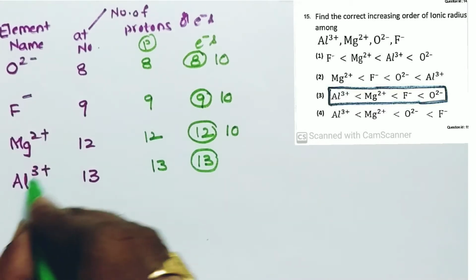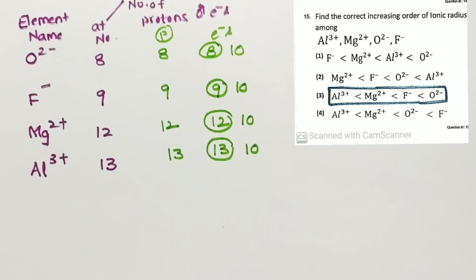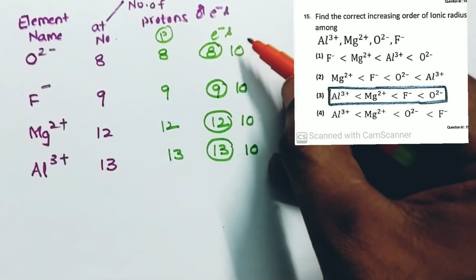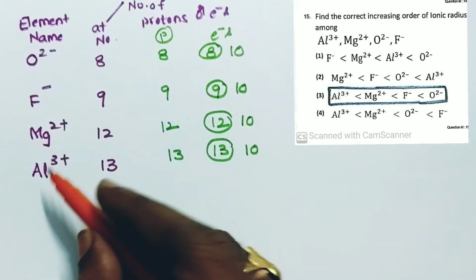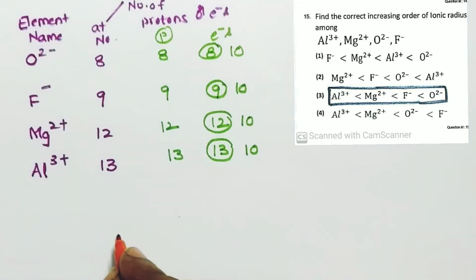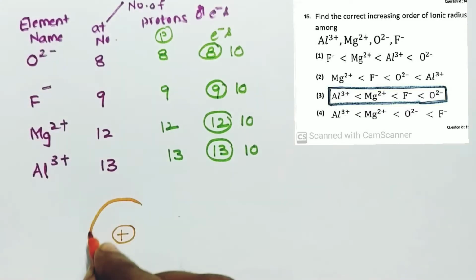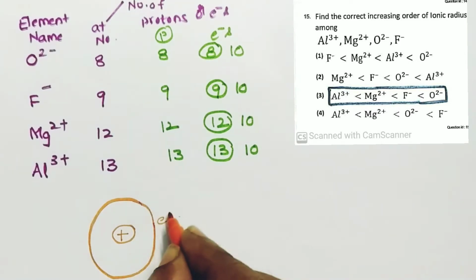So Al3 plus ion has 10 electrons. So in this way the number of electrons are same for these 4 ions, but the number of protons are different. Here is the nucleus in an atom and negatively charged electrons are revolving around this nucleus.